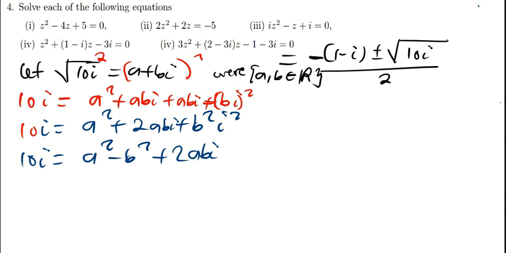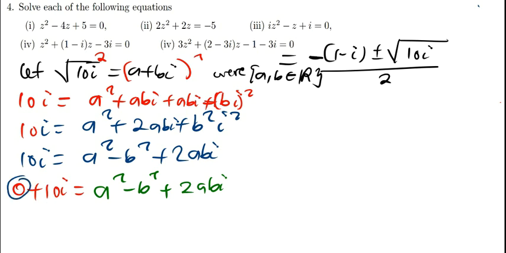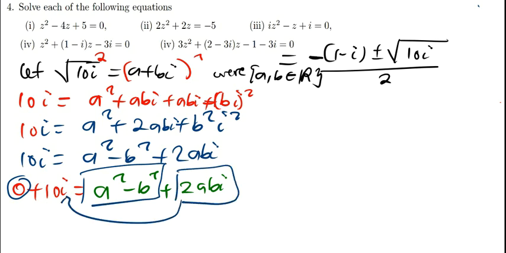Now you start comparing coefficients with the left hand side. Here I've got the real part which is 0. So I've got 0 plus 10i equal to a squared minus b squared plus 2abi. In this case, 0 is the real part. Again here, a squared minus b squared is the real part. This is an imaginary part. Again here, 10 is an imaginary part. So we equate them to each other.